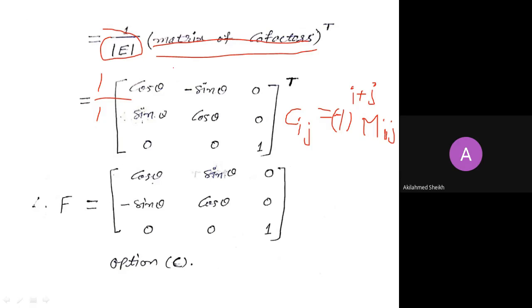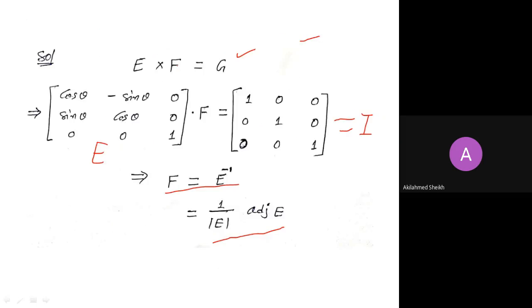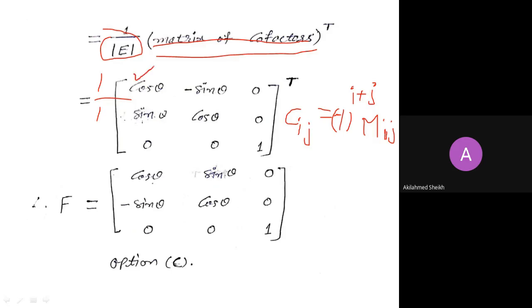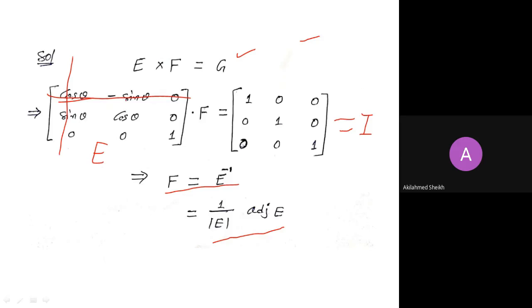Now we have to find the cofactors of each element of the given matrix. To find the cofactor of cos theta, its position is first row, first column. Removing the first row and first column, taking the determinant of the remaining elements, which is cos theta into 1, means cos theta minus 0, we get cos theta. This cos theta is the first minor. Next we have to find the cofactor of the element minus sin theta.